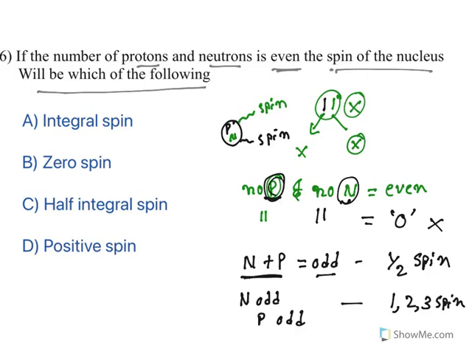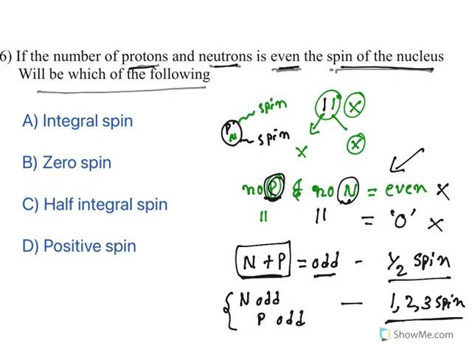Both of them even, no spin. Combination of both adding to odd, half integral spin. If both of them are odd, integer spin. So what is the question about? If the number of protons and neutrons is even, what is the spin? 0 spin. They don't show any spin. That is the reason why only a few atoms' nuclei will show NMR. Like when you take a proton, hydrogen, what do you have inside the hydrogen?